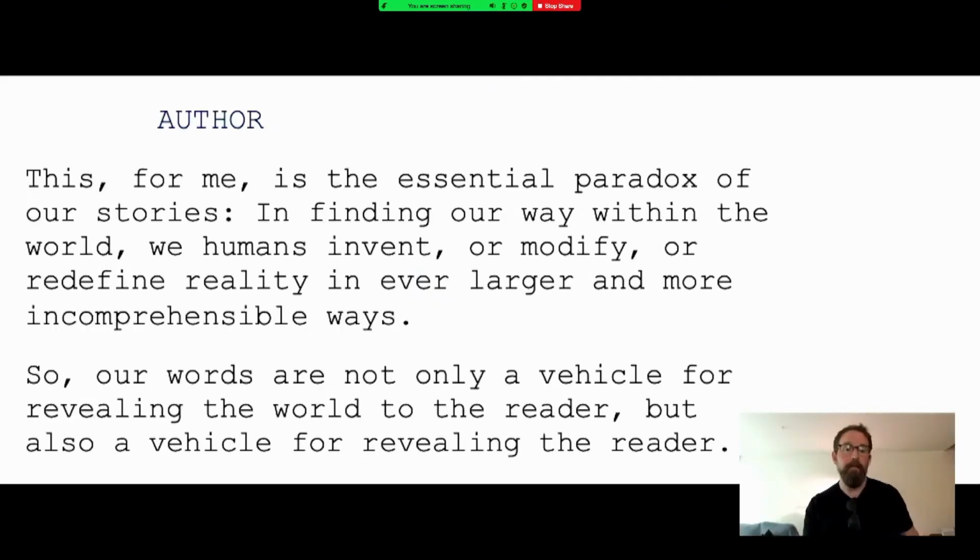Another surprise came when the system seemed to be speaking not about the environment, but about the subjectivities of its own outputs. At some point, the author states, our words are not only a vehicle for revealing the world to the reader, but also a vehicle for revealing the reader. And this resonates with me deeply when I think about reading an AI-generated text or an AI-generated story, rather than sort of trusting a scientist's findings or a philosopher's theories or a novelist's authorship to sort of guide us.